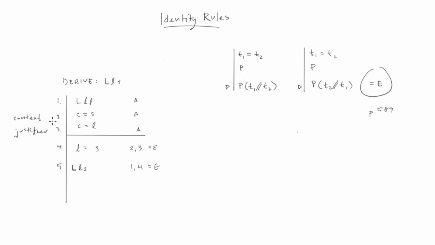So what's happened is we've taken only one of the names, L, the second one, out of line 1, and we've substituted S for it, and we're justified in doing that because L is identical with S. Notice we didn't replace all occurrences of the name L with S. We only replaced the second one. So we've taken the second L out of line 1, and we put an S in for it, which we're justified in doing by the identity. And the result is LLS, Lois loves Superman.